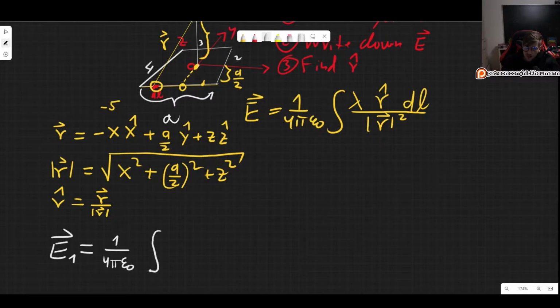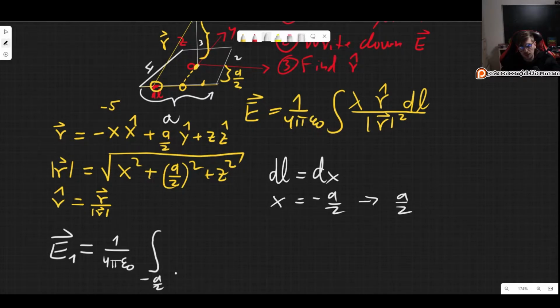And then we integrate. Now, what are the limits of our integral? If we are integrating over this line, then of course our dl will simply be dx. And our lower limit will be x equal minus a over 2. And the upper limit will be a over 2. So we integrate from minus a over 2 to a over 2.